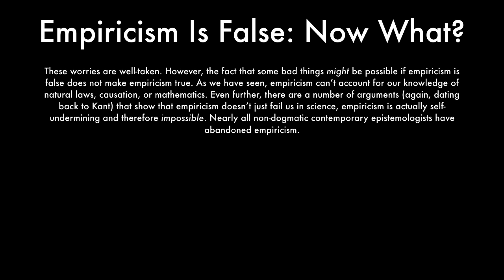These arguments that empiricism is self-undermining are related to arguments against verificationism and the verifiability theory of meaning, showing that if you make something entirely empirical, it ends up undermining itself. Nearly all non-dogmatic contemporary epistemologists, thus, have abandoned empiricism.